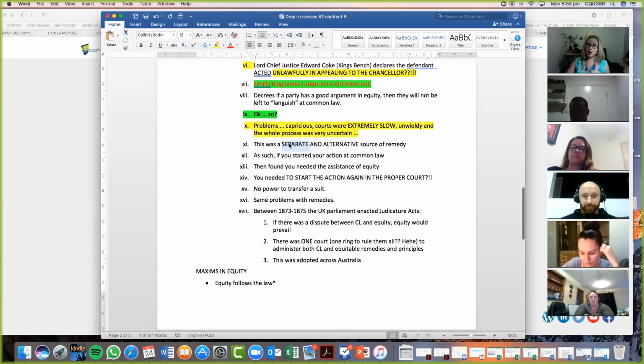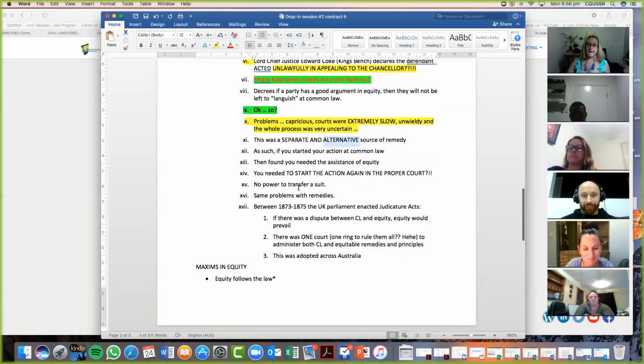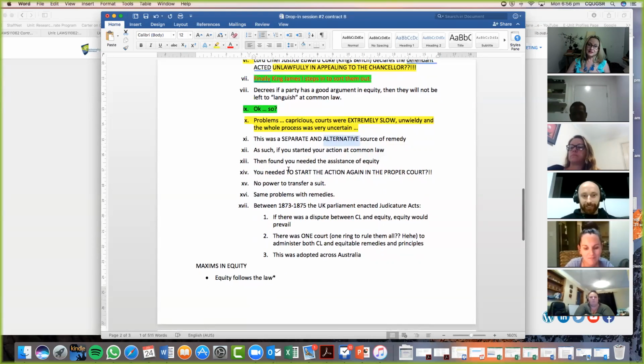And because it had developed as a separate and alternative source of remedies and assistance compared to the common law, the whole procedural side of things was also separate.